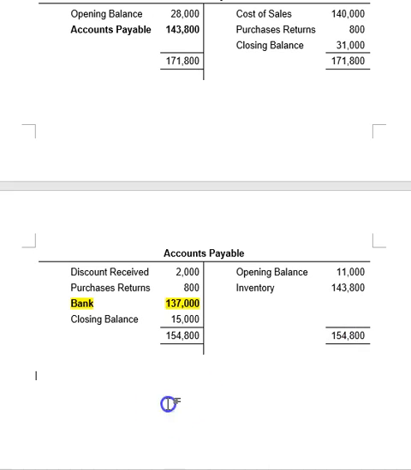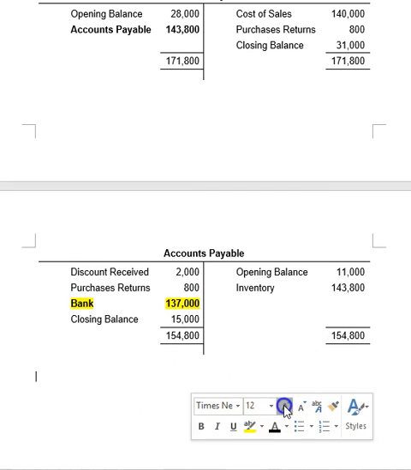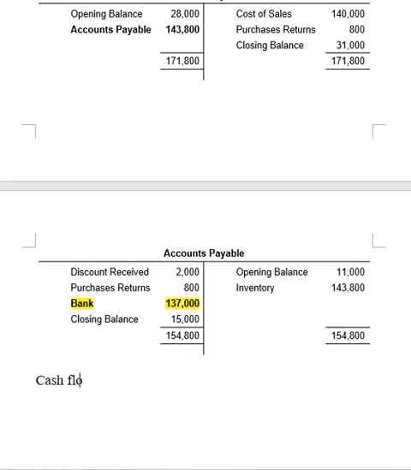So in your statement of cash flow, you need to write this down as well. At first you have cash flow from operating activities. This is a payment to your inventory supplier, so it's under payments to suppliers and employees.